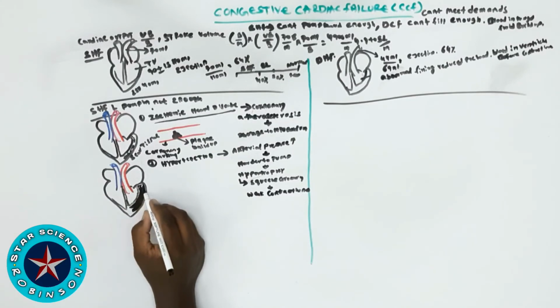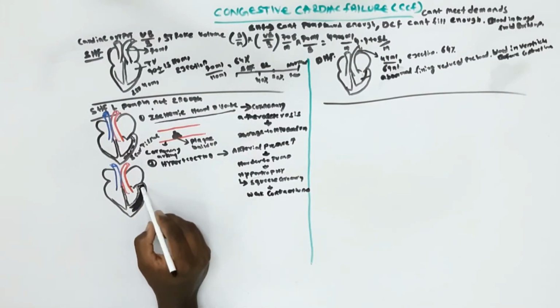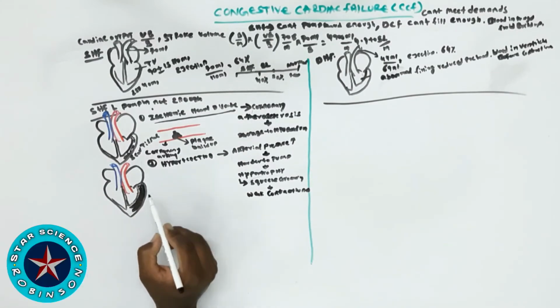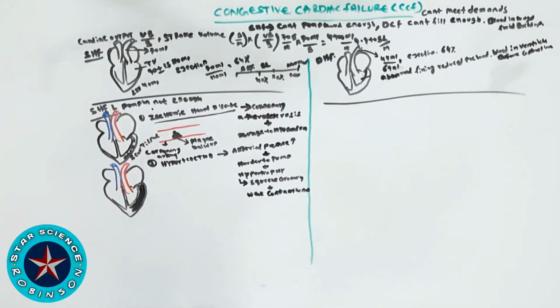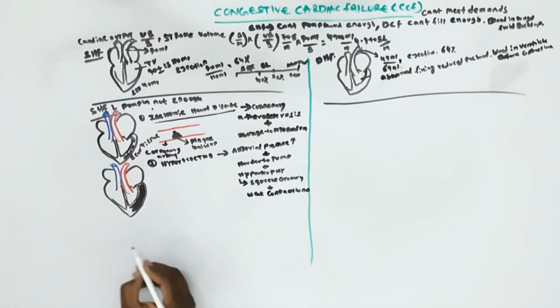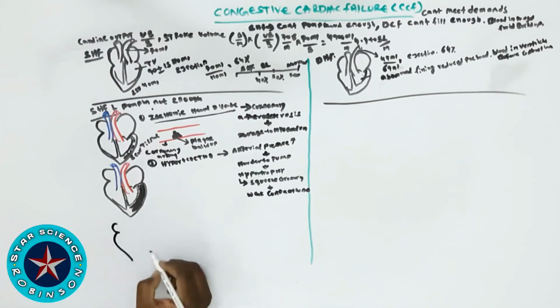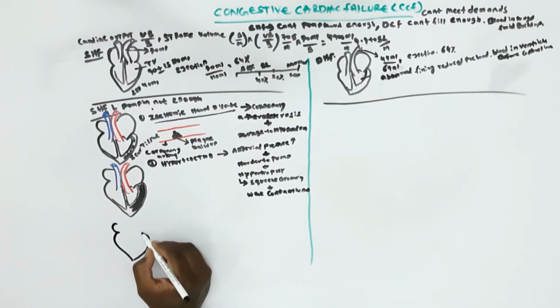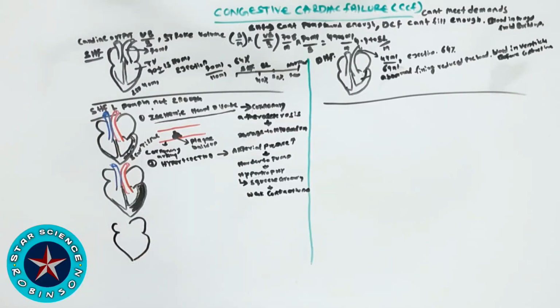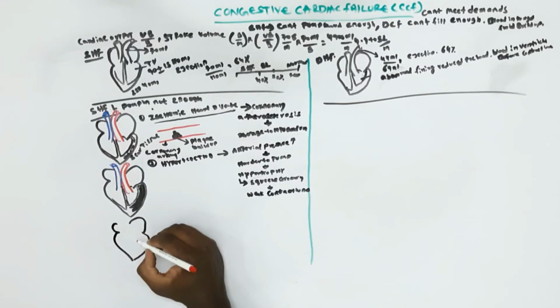As a result, the heart cannot pump enough blood to the rest of the body. So this is the main thing which we have to remember. Because the heart muscle is weakened, it will get enlarged, so it is unable to pump blood to the rest of the body.